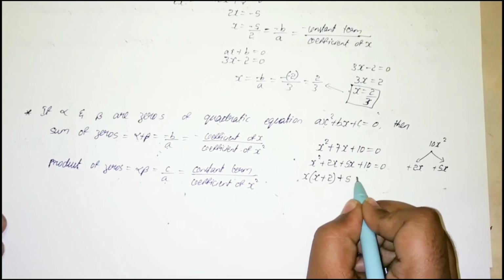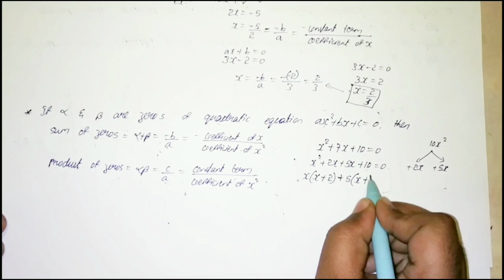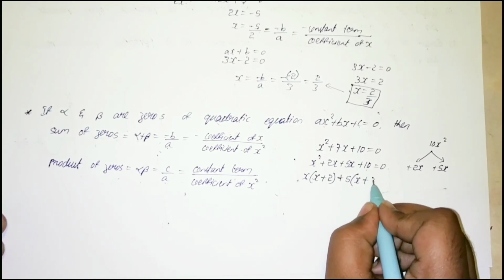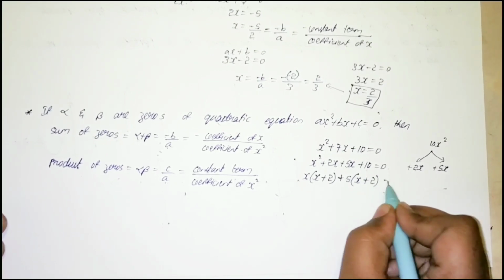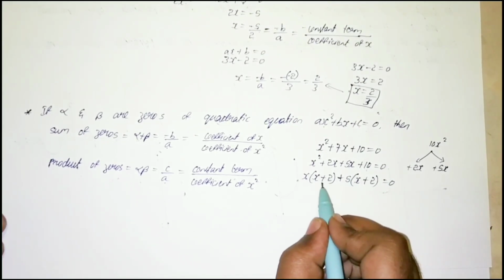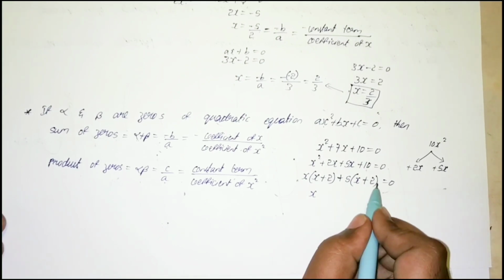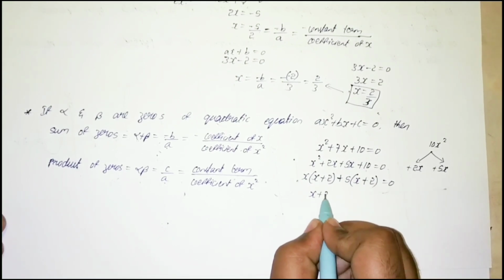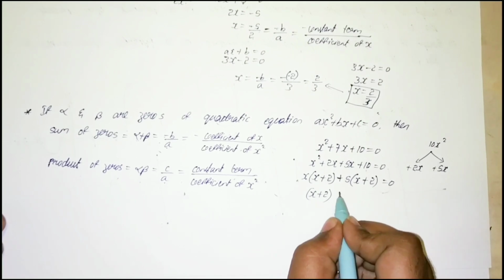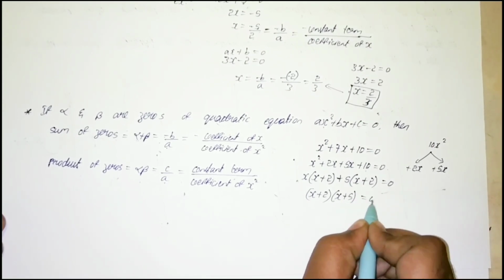If I take 5 common, here remaining is x, and here 2, right? Is equal to 0. Next, common in the entire expression is x plus 2. If I take x plus 2 common, the remaining is x plus 5, is equal to 0.